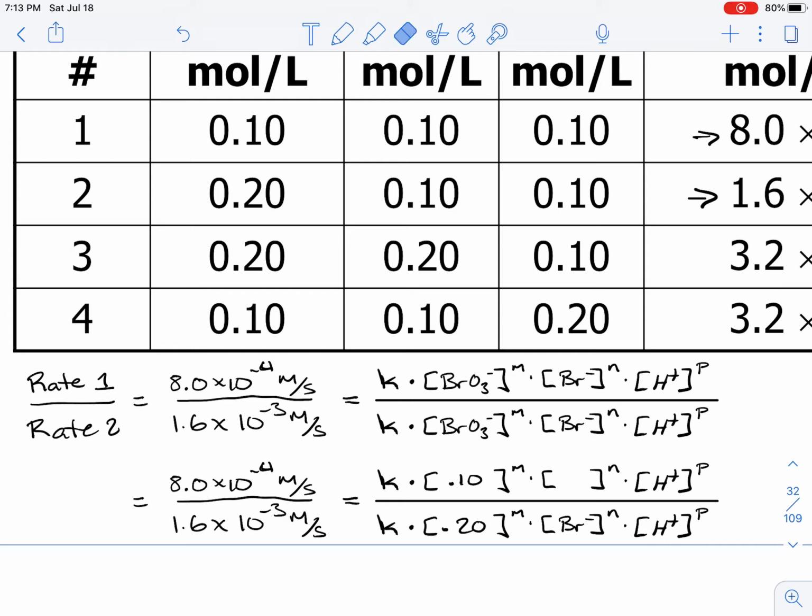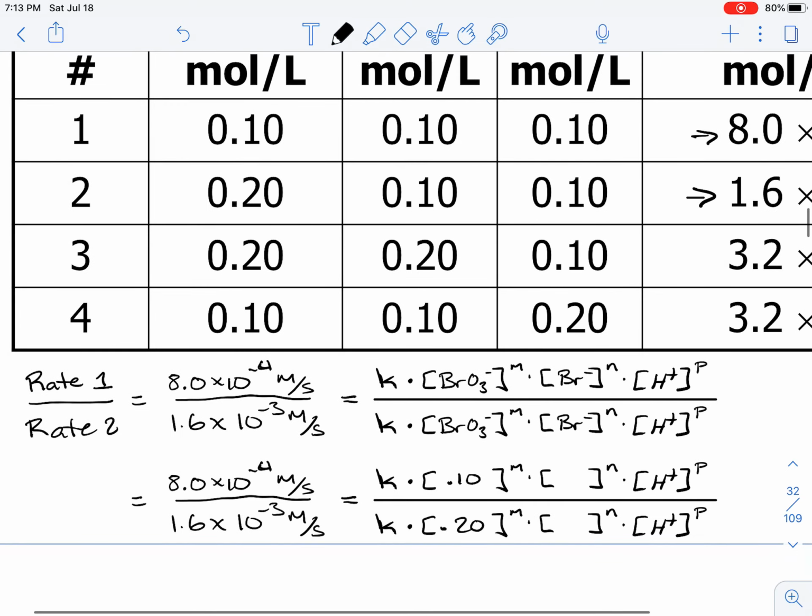The bromide, okay, according to our kinetic data, the initial concentration is 0.10, 0.10. And for hydrogen ion, H+, it's also going to be 0.10, 0.10.